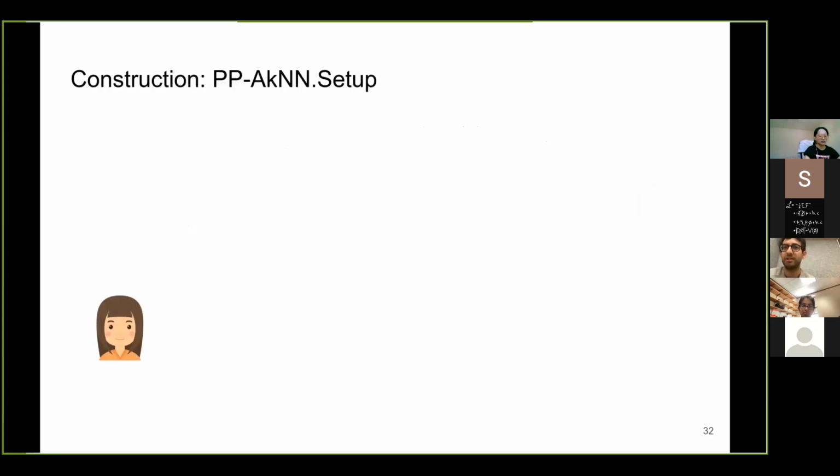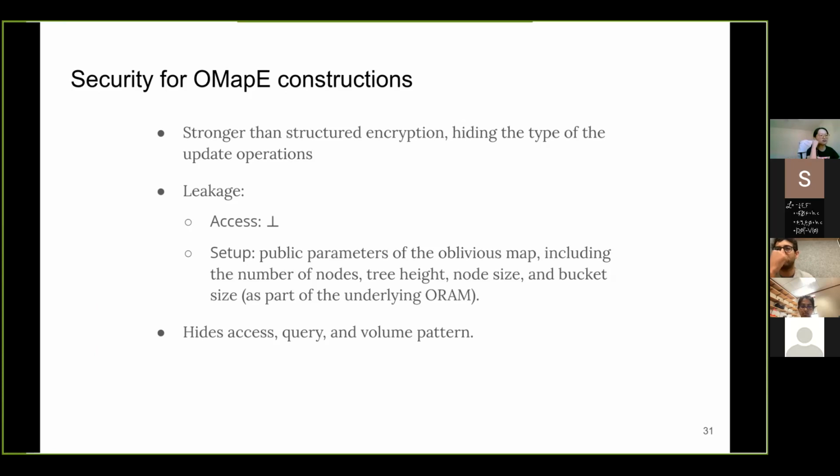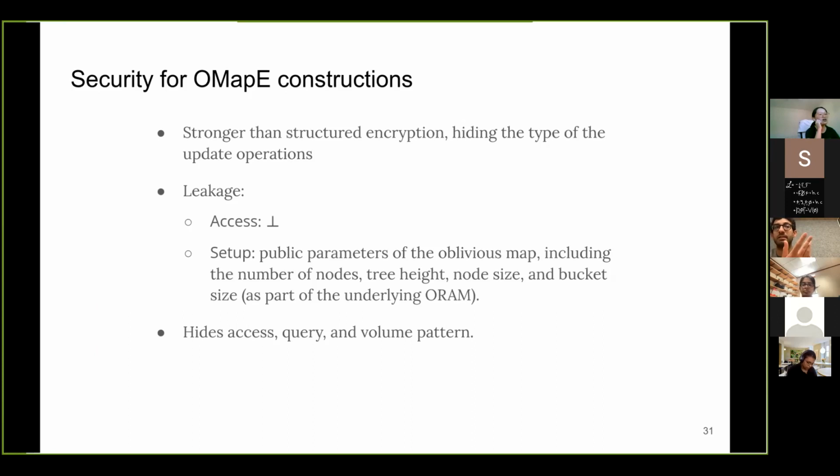Just a question, sorry, Tianxin. One limitation, as you may already know, of the oblivious data structures that use oblivious RAM is that they are not dynamic, in the sense that once you fix the size of the RAM, it's very hard to increase it. It's not trivial, at least. So how do you handle that?